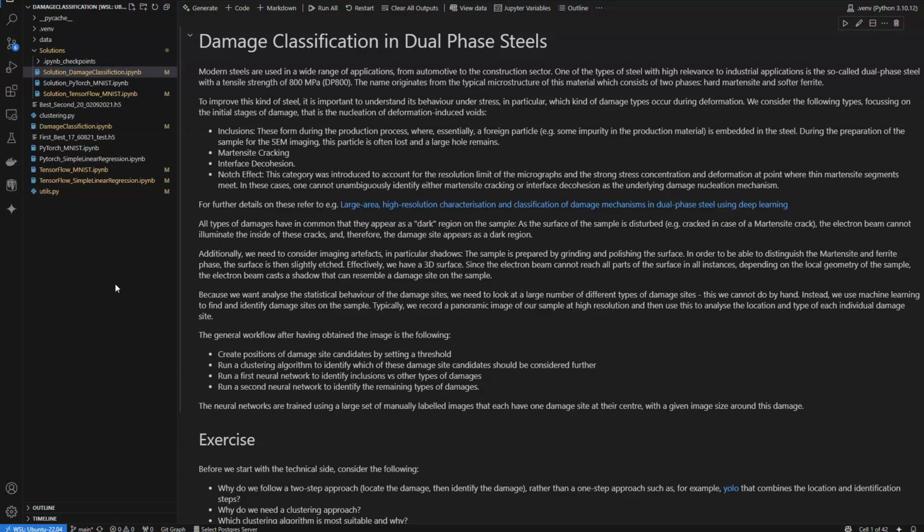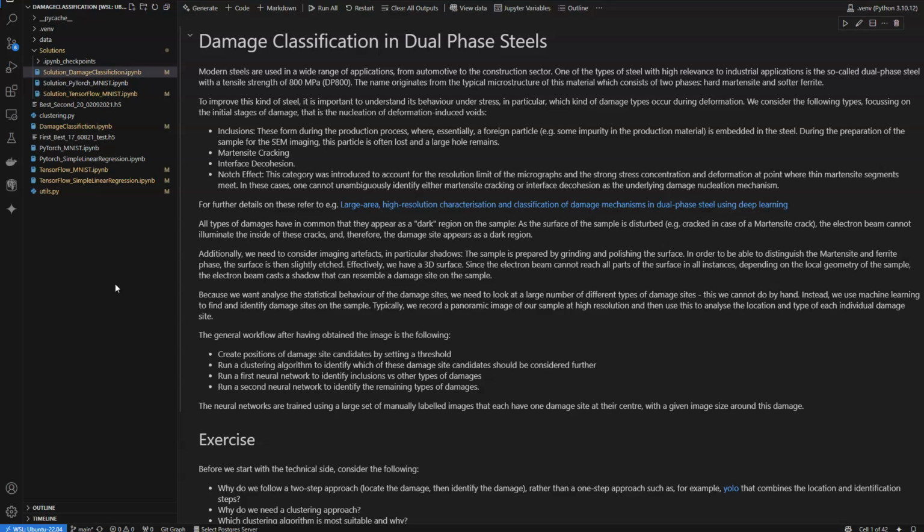Now here we only focus on the initial stages of damage, the creation of deformation-induced voids, and then we have a number of types that we can discriminate between. There are inclusions, and these are much larger damage sites. They typically form during the production process.